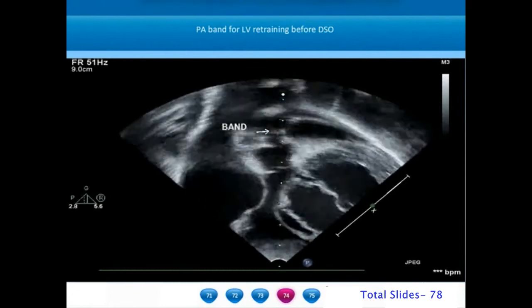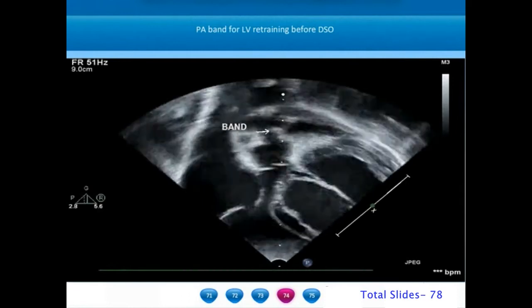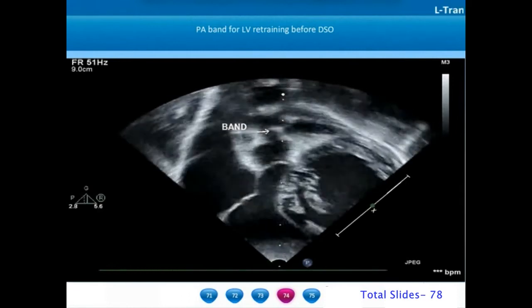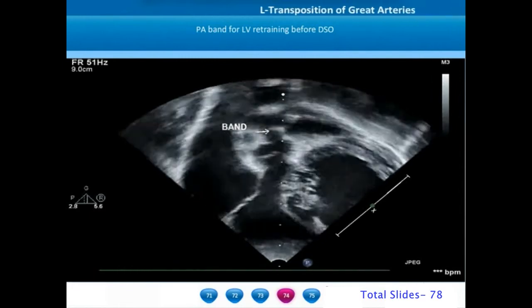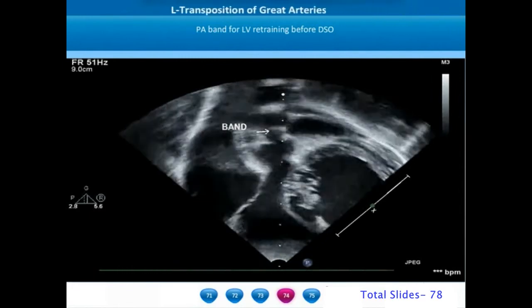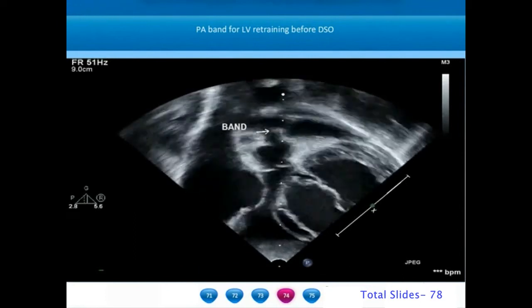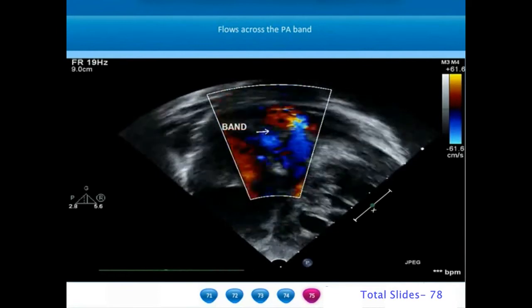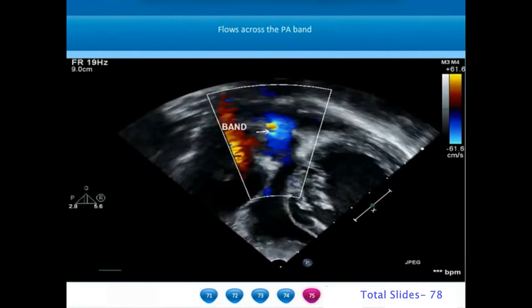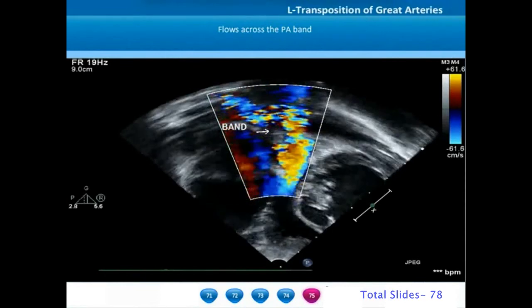A band has been placed in the main pulmonary artery, and the branches of the main pulmonary artery are seen. This banding is done to retrain the left ventricle and induce left ventricular hypertrophy before a double switch operation. We can notice the flow turbulence across the pulmonary artery band in this subxiphoid long axis view.